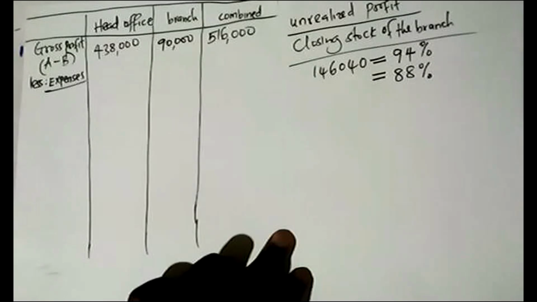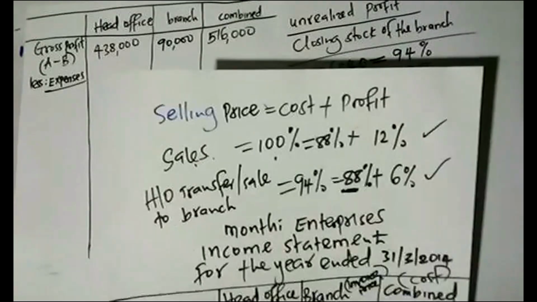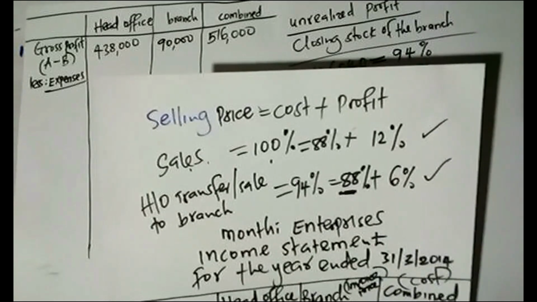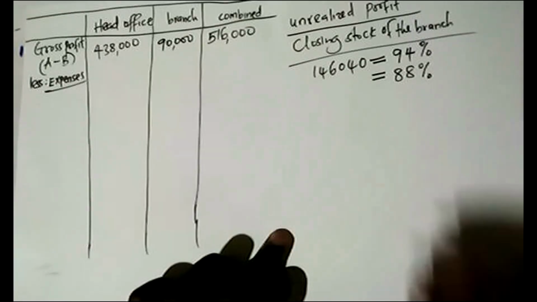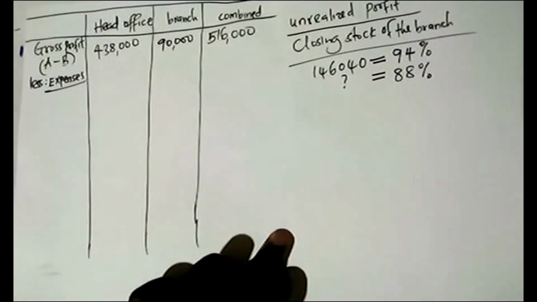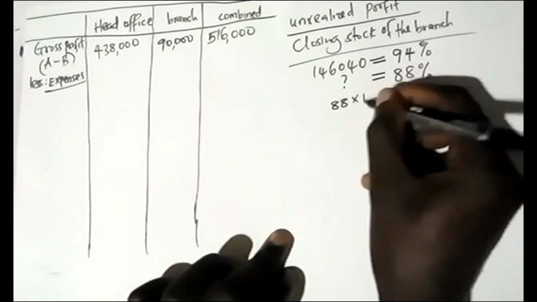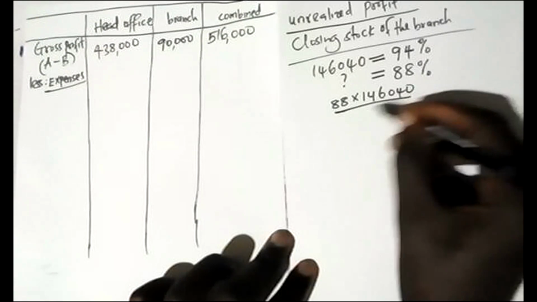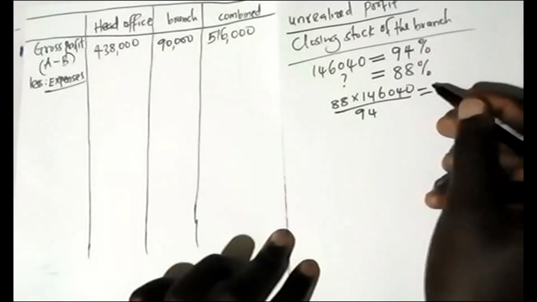So we have to determine the cost of this, 88%. I think you remember those percentages. So those are the percentages I'm still using. So I have to look for 88, that is cost, so that I get the profit element, which is unrealized. So determining the cost first, 146,040 divided by 94. So I get the cost. I use the calculator to compute that.